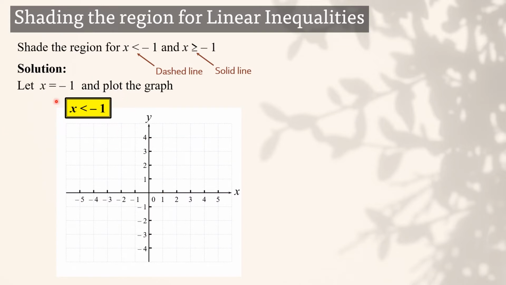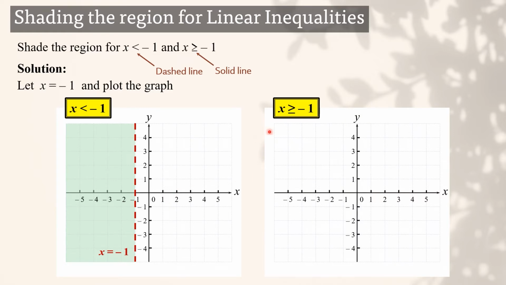So the first one is x less than -1. Here the vertical straight line crosses the x-axis at -1. Since x is less than -1, which means that the x values are getting smaller and smaller, we will shade the region on the left hand side of the dashed line.